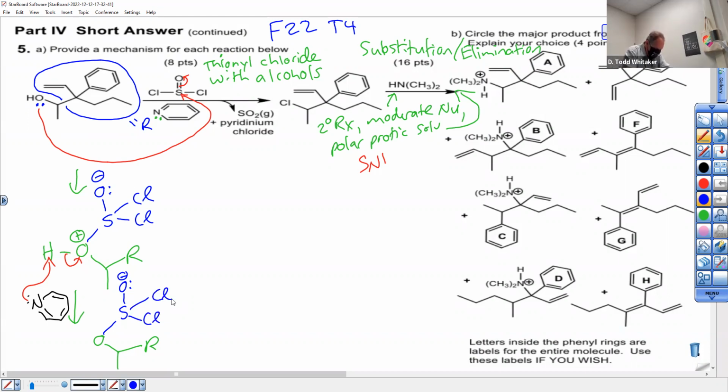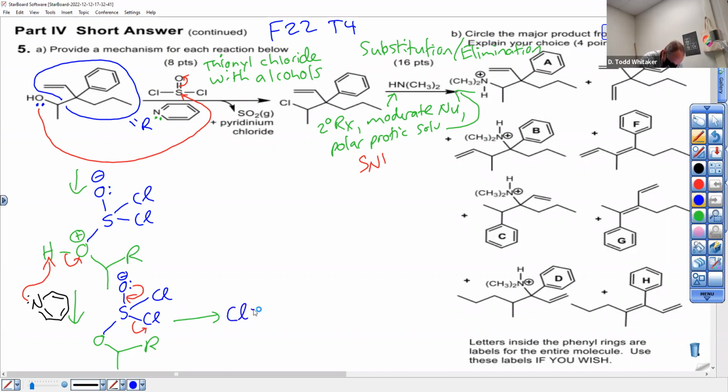Okay. So what's next? Any ideas? Yeah, I'll cut to the chase. We're getting near the end. It eliminates one of the Cl minuses. Cl minus is a nucleophile now.